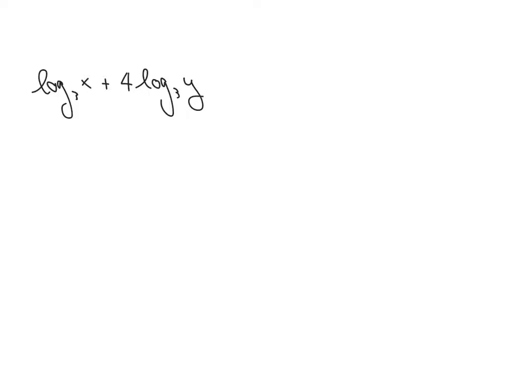I'm going to look at one that has additions, and then see if I can move this back to something earlier. One of the things I've got here, I'm going to look at that number first. When I'm given something like this, I'm always going to look at the number in front of the logarithm because that is an exponent. So I'm going to try to get rid of that first.